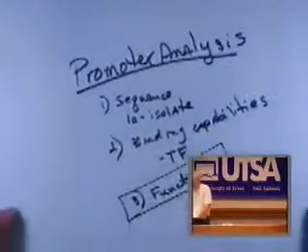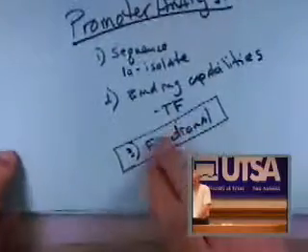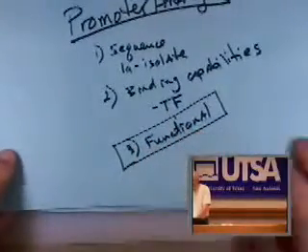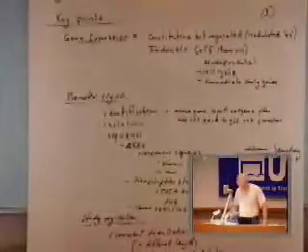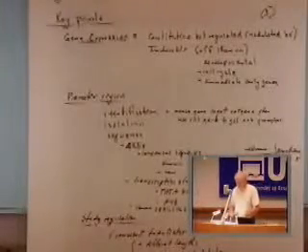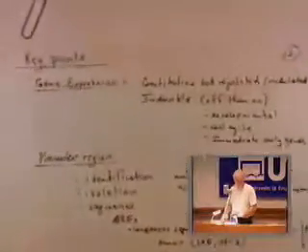promoter analysis. We talked about the sequence isolation, binding capabilities of looking at transcription factors, and we're transitioning over to the functional assay. So I found my notes from prior years, and I'll scan these and post them, so we'll have something that isn't PowerPoint.